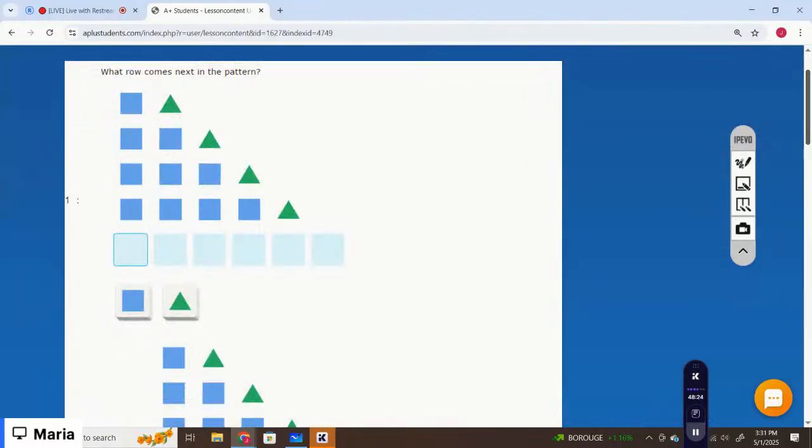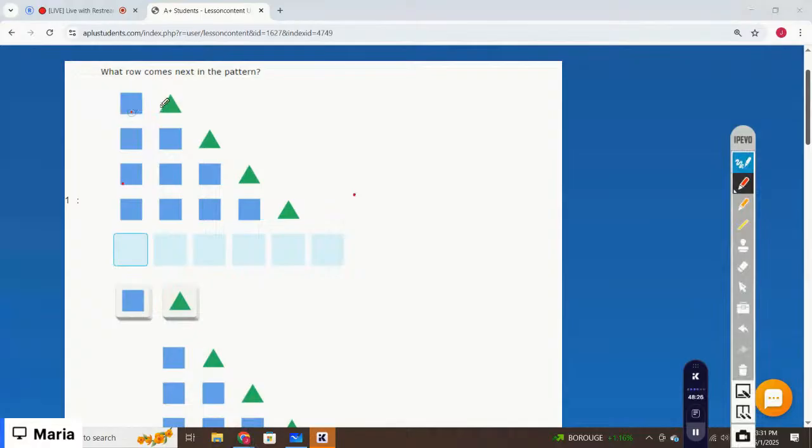Just look at how the pattern is going. A square and triangle, then two squares and triangle. So you have only one triangle, but the squares are increasing by one every time. So the next one is one, two, three, four, five squares and one triangle.